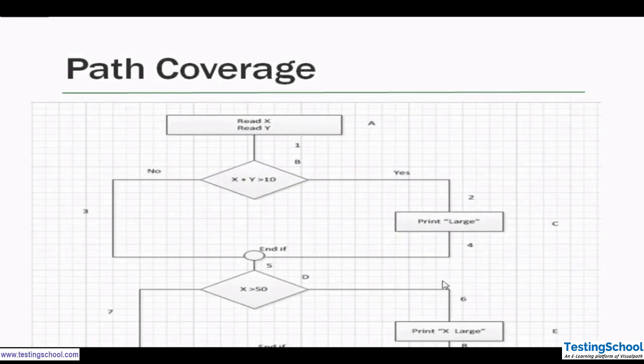In branch coverage, we verify the no condition also. In statement coverage we verify the yes condition, but in branch coverage we verify the no condition also, so we have more branches.